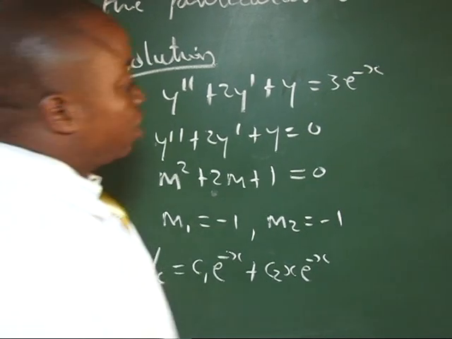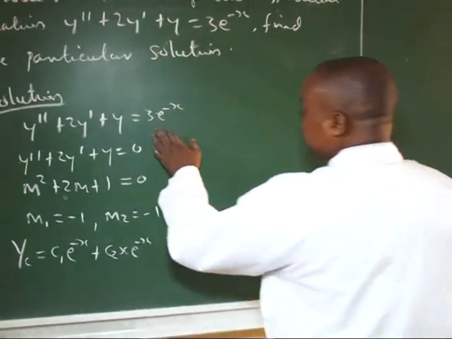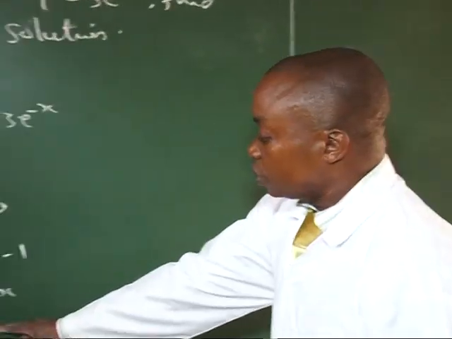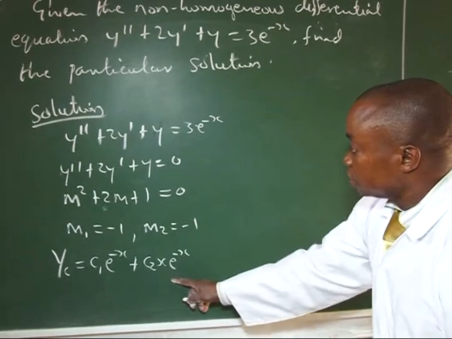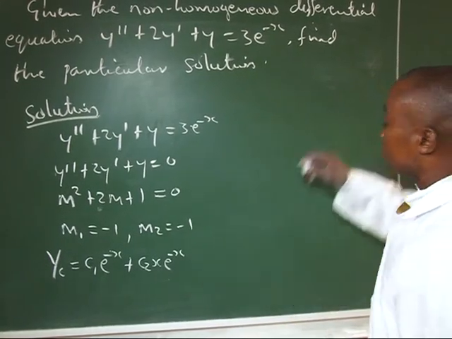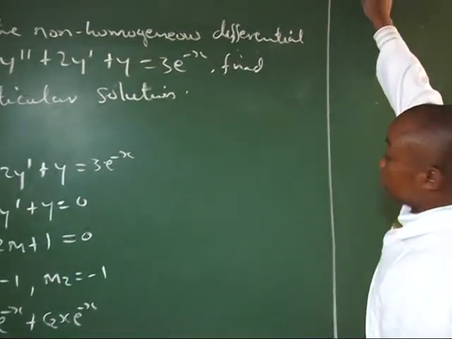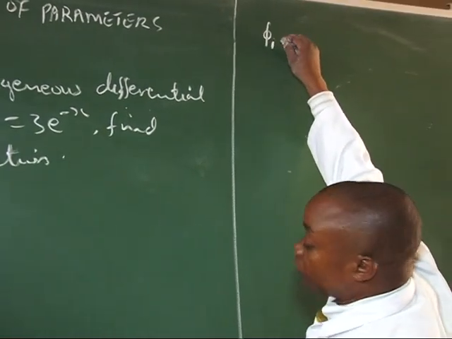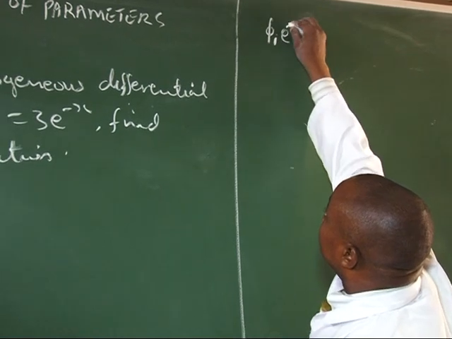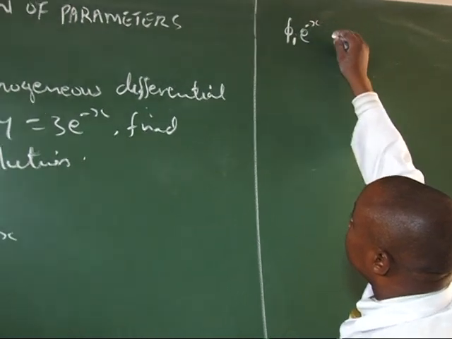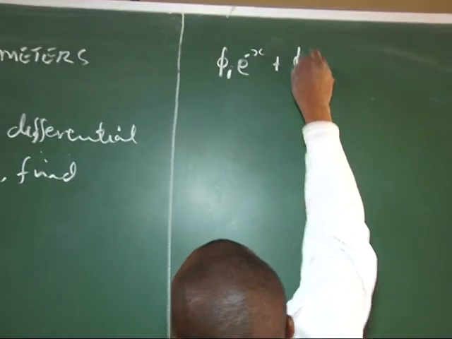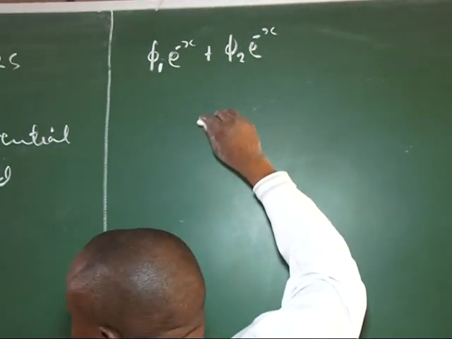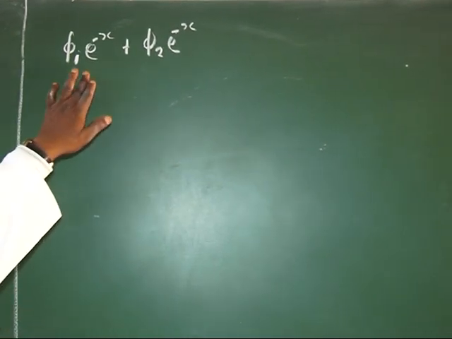Alright. So, for the particular integral, what we'll do is, we come to this one. When we come to this, we write that, let's use phi 1 y1 plus phi 2 y2, that is phi 1 exponential minus x plus phi 2 x exponential minus x. That is what I am writing here.